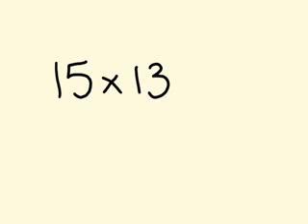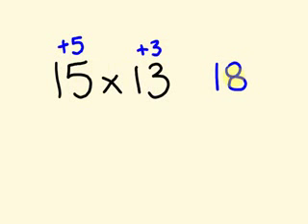So using base 10, this is 5 above 10, and this is 3 above 10. We add one of these numbers together, either this one or this one. It doesn't matter again, so 15 plus 3, we get 18. Now, when you're multiplying these mentally, I actually find it helpful to not think of this as 18, but as 180. That's our tens part.